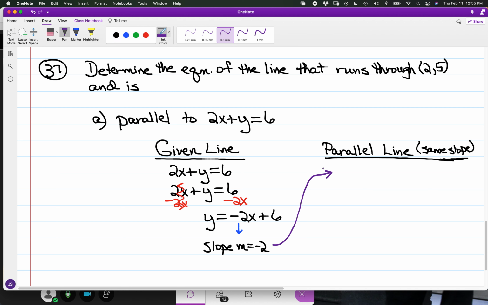And the parallel line is going to run through 2, 5.